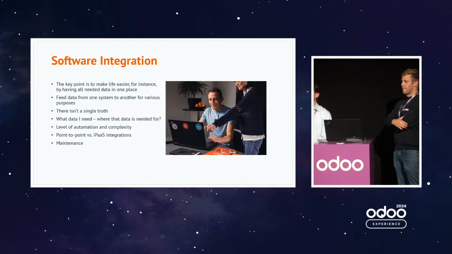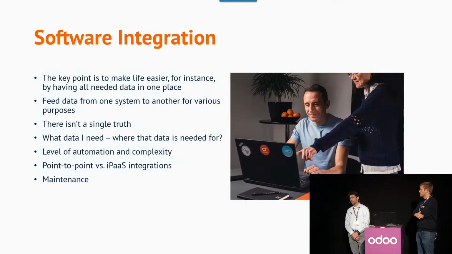Before going to the demo, a few words about software integrations. Especially nowadays, many companies are a little bit forced to use many different systems to run their business. Obviously you need to have ERP systems, you may have material resource planning, different kinds of customer databases. Obviously Odoo has a lot of modules and you can mainly stay in the same application.